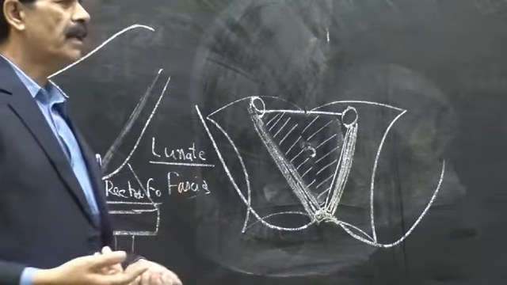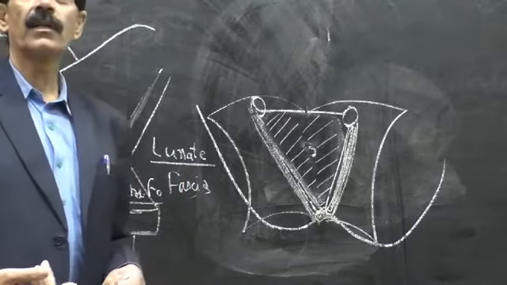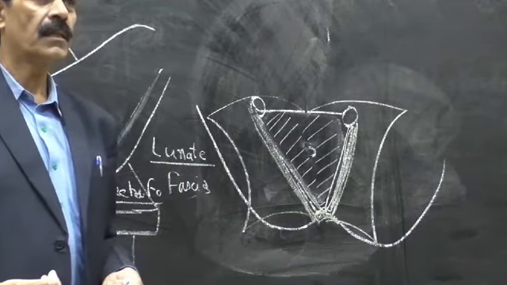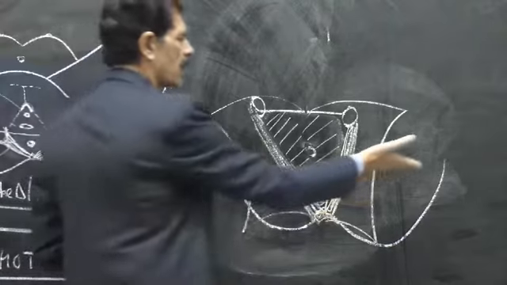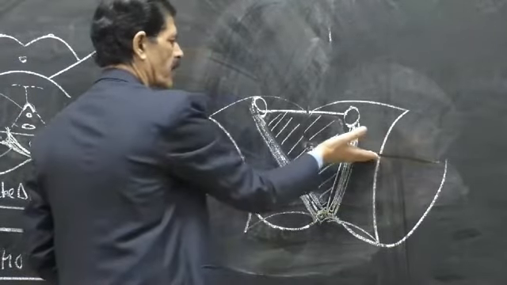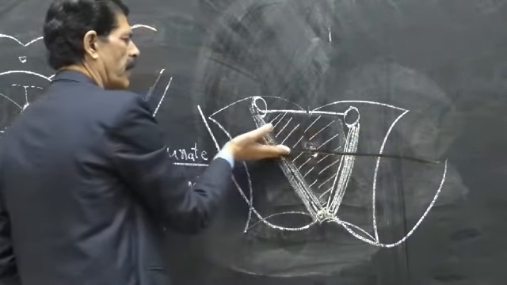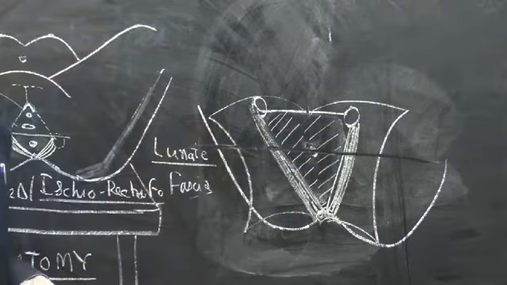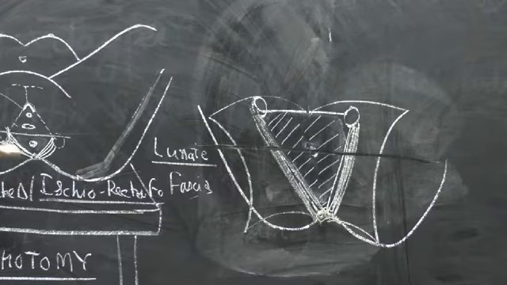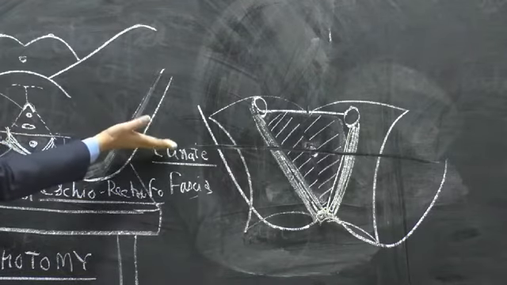Another important thing in the examination: if the question comes on the ischiorectal fossa, you have to make a special diagram, that is the horizontal section of the anal triangle at the level of the anus. The body is lying in the lithotomy position, in the supine position, and you have cut this.